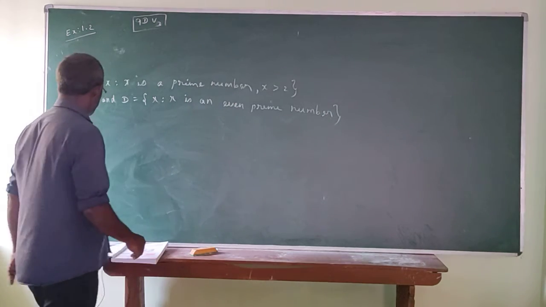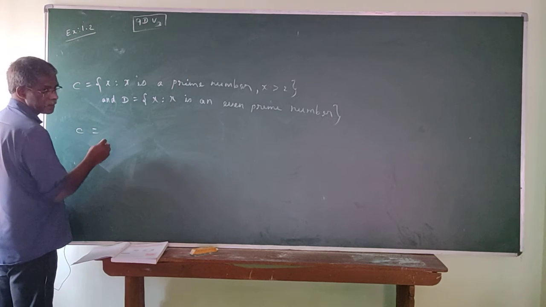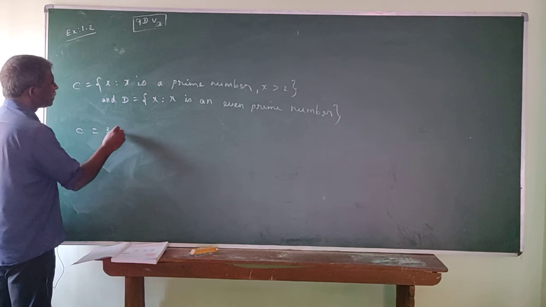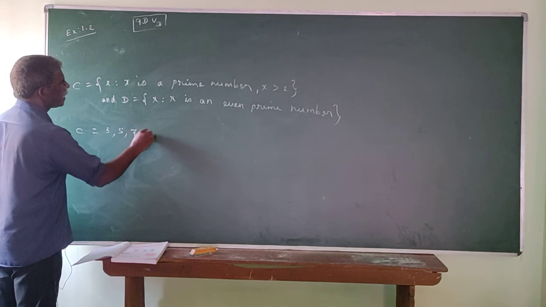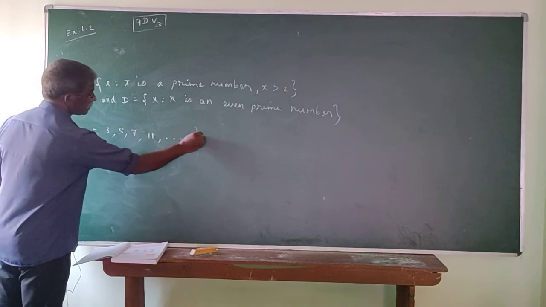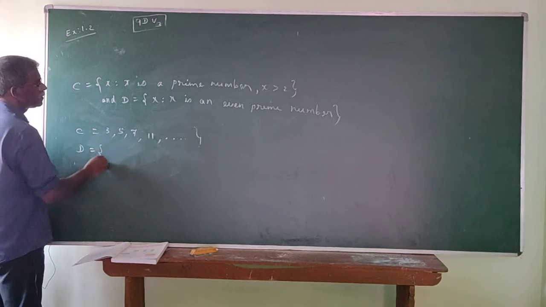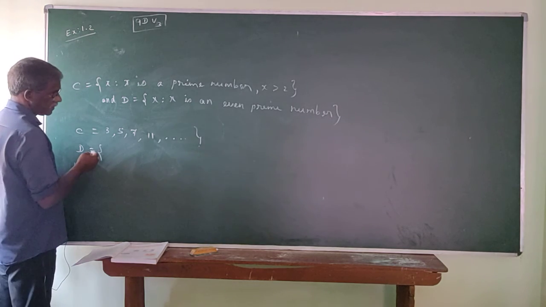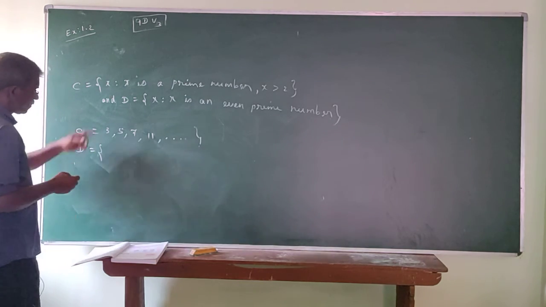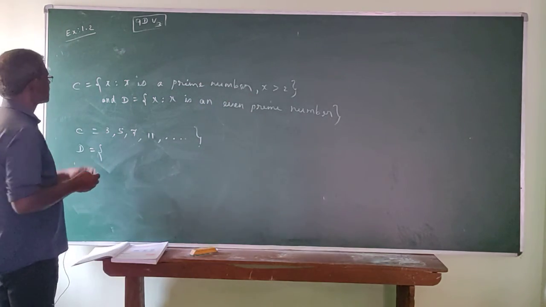For C we write 3, 5, 7, 11, etc. Here X is a prime number greater than 2, so 2 is not included.